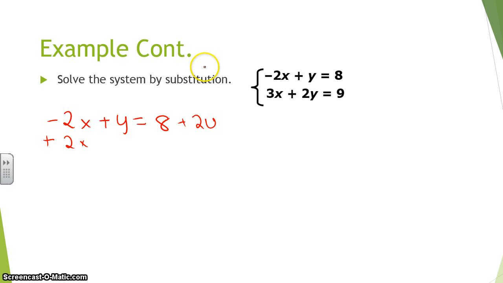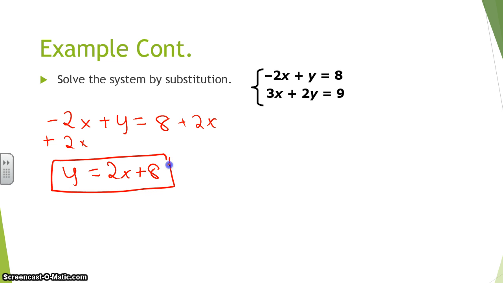So what I have here is y equals, I'll write it in the mx plus b form, 2x plus 8. So if y equals 2x plus 8, I can now look at my second equation, 3x plus 2y equals 9. So I have 3x plus 2 times my y. My y now is 2x plus 8, equals 9.